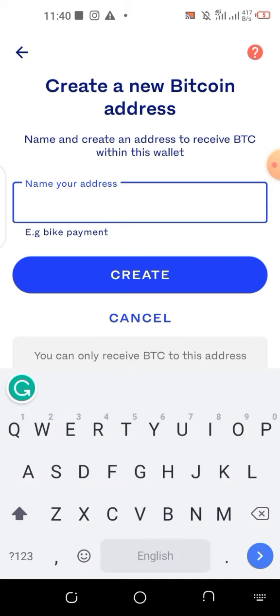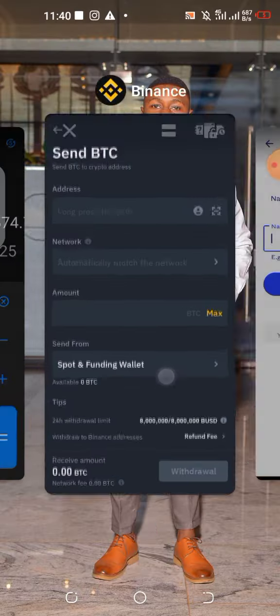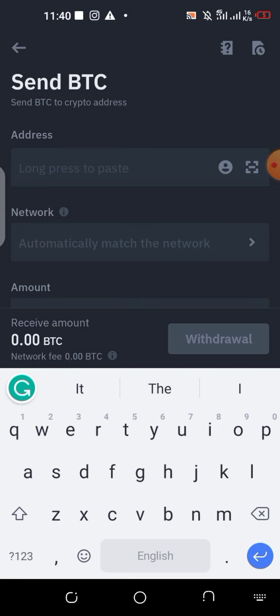You put anything you want, like a name or an email, and what you have put here is the same thing you're going to copy and paste as the address for BTC on Binance, such that you can get your BTC that is on Binance and send it to Luno.